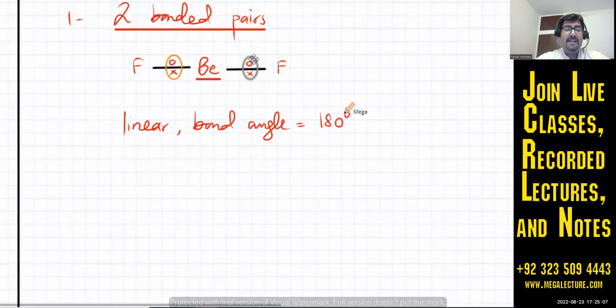These electrons and these electrons will try to repel each other. Okay, is this clear?